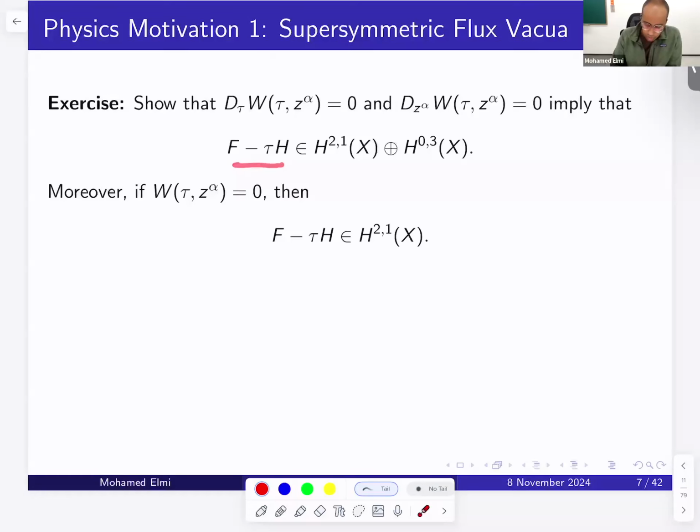Then this particular combination will have a very specific Hodge decomposition. It will have no 3-0 part and no 1-2 part. That's just something you can show.